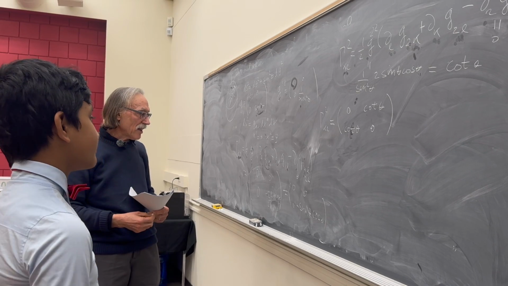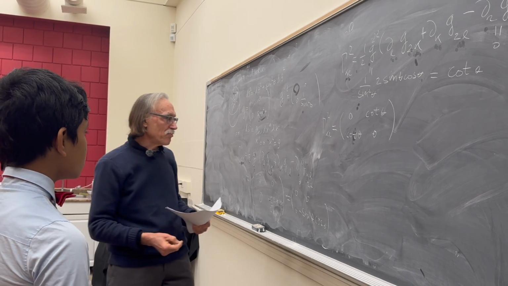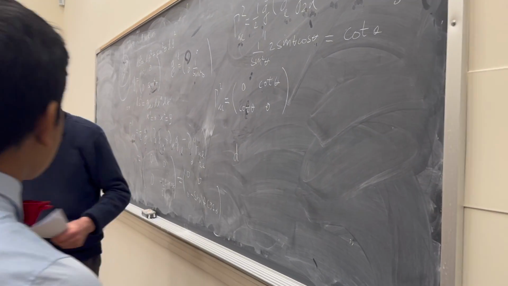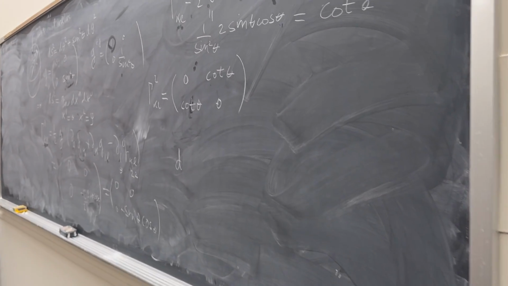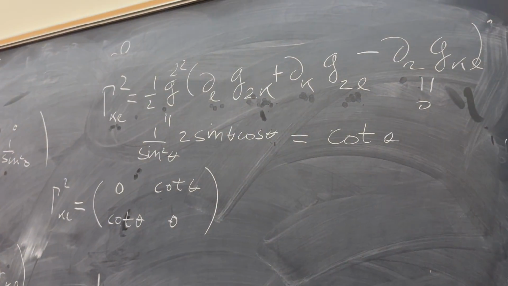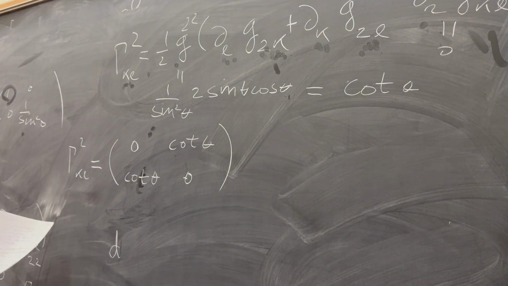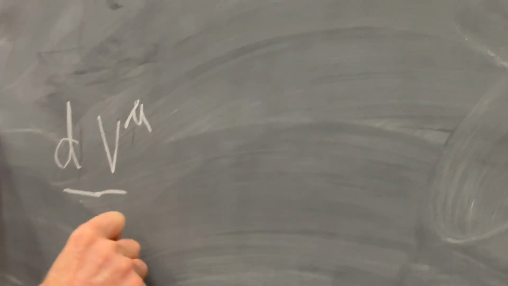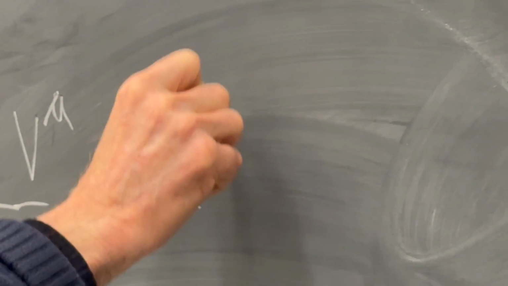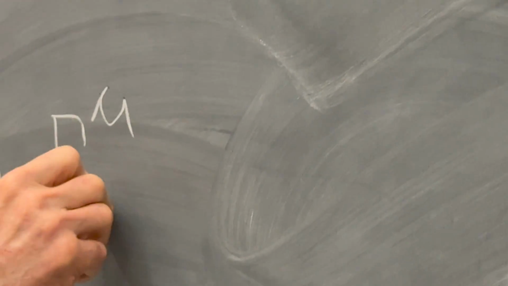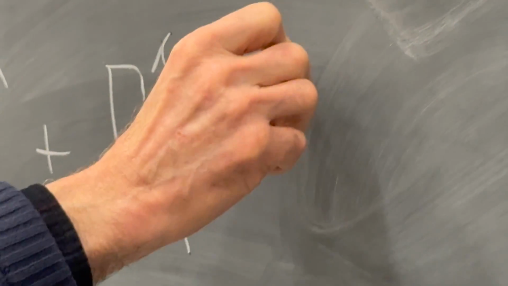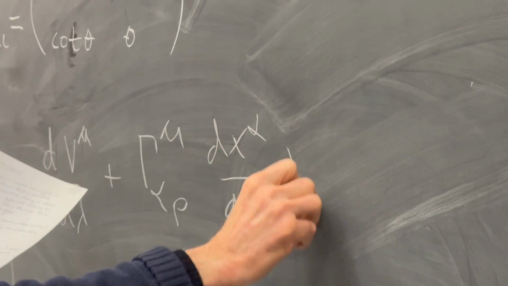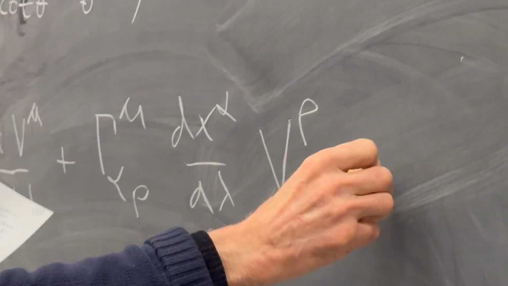So parallel transport means that when we have a vector, I wrote it down here. So that means that dv mu d lambda plus the Christoffel symbols, maybe call this alpha rho, times dx alpha d lambda times v rho is equal to 0.